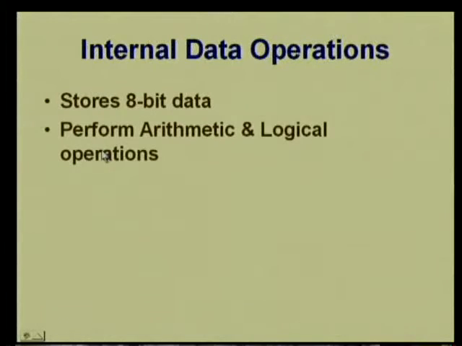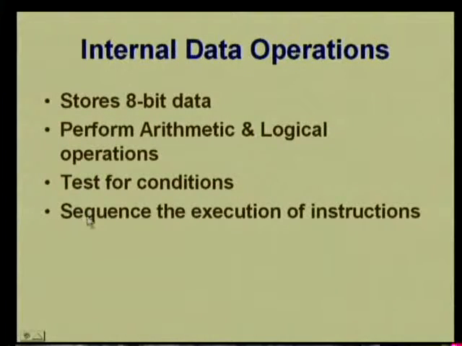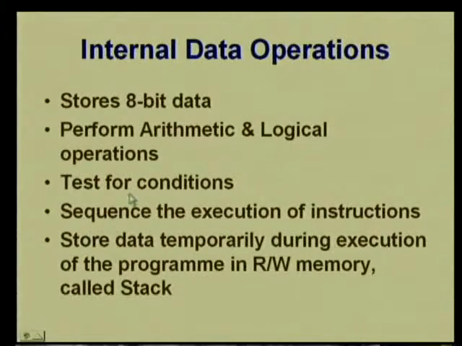Now let us see the internal data operations. So far we have seen microprocessor initiated operations. The second group of operations which the processor can perform in a microcomputer are internal data operations. The internal data operations are: it can store 8-bit data, perform arithmetic and logical operations, test for conditions, sequence the execution of instructions, and store data temporarily during execution of the program in read-write memory called the stack.